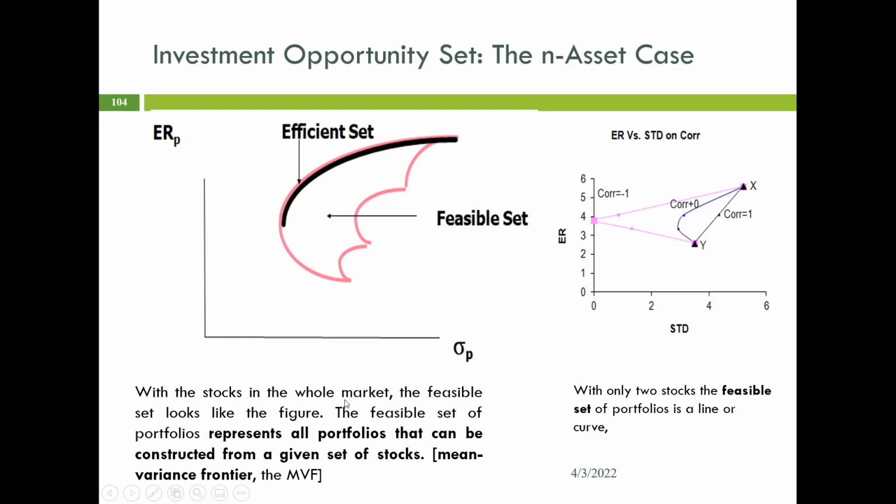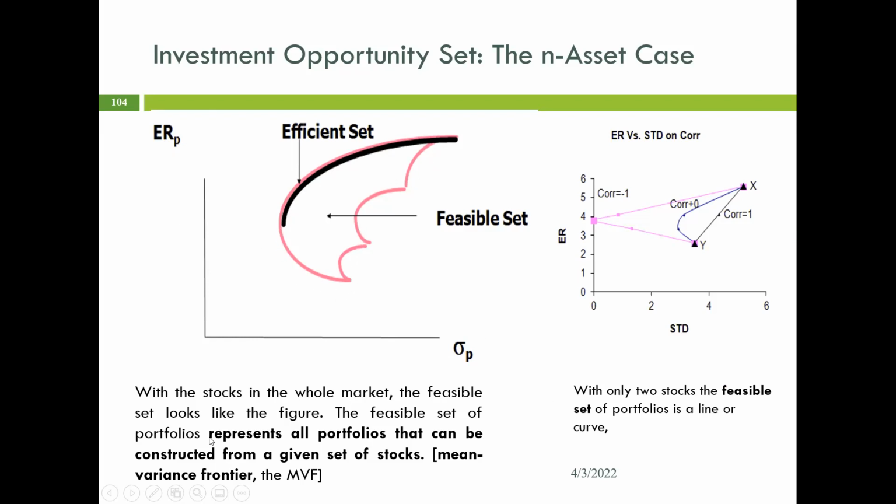In our market, with those 298 stocks, if you construct different portfolios, here the y-axis is the expected return and the x-axis is the standard deviation of the portfolio. If you construct as many different portfolios as possible, you will end up with a shape like this.